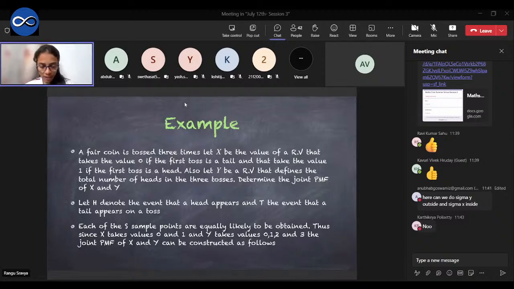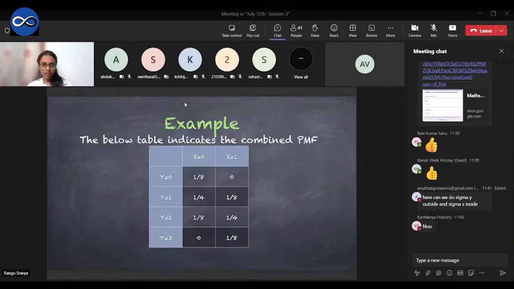Now X can take values 0 and 1 as defined, and Y can vary from 0 to 3, because Y denotes the number of heads and there are 3 tosses, so Y can be 0, 1, 2 or 3. The joint PMF of X and Y can be constructed as follows. This table below indicates the joint PMF.